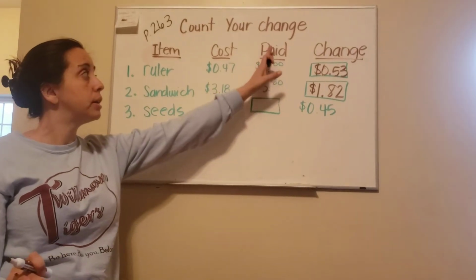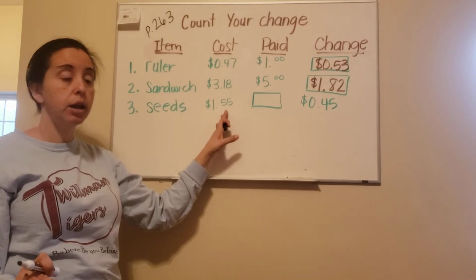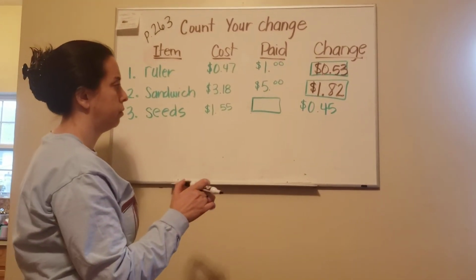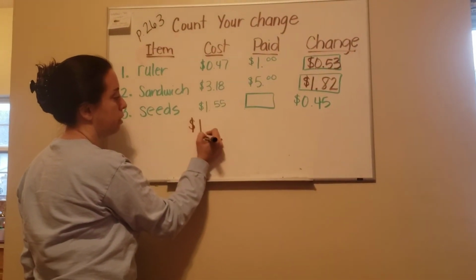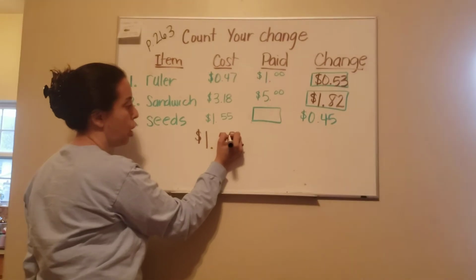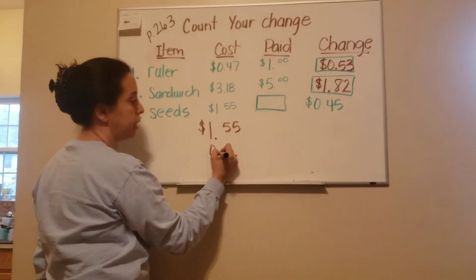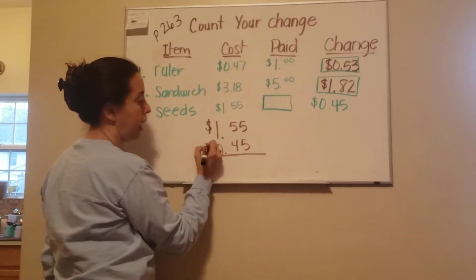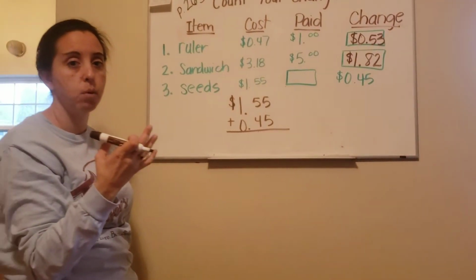So when the amount paid or the amount cost is missing, you are going to add those two numbers together. So $1.55, because that's how much it cost, you got back 45 cents. So how much did you pay? You want to add that together because you know you had to pay more.